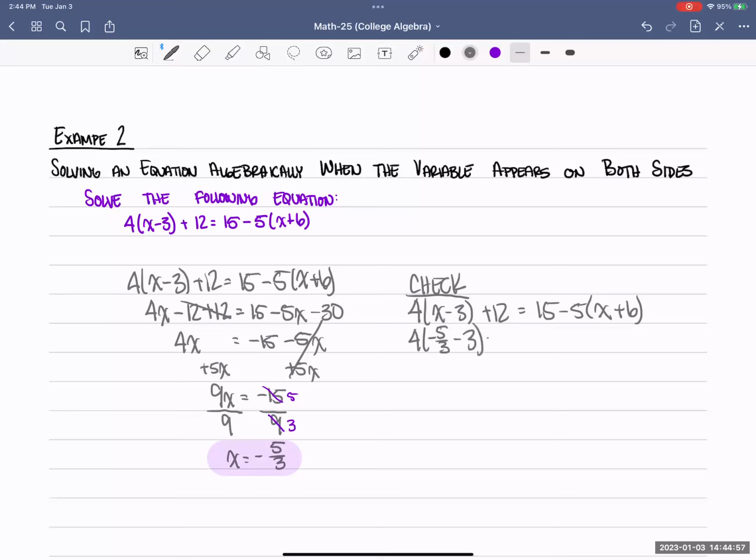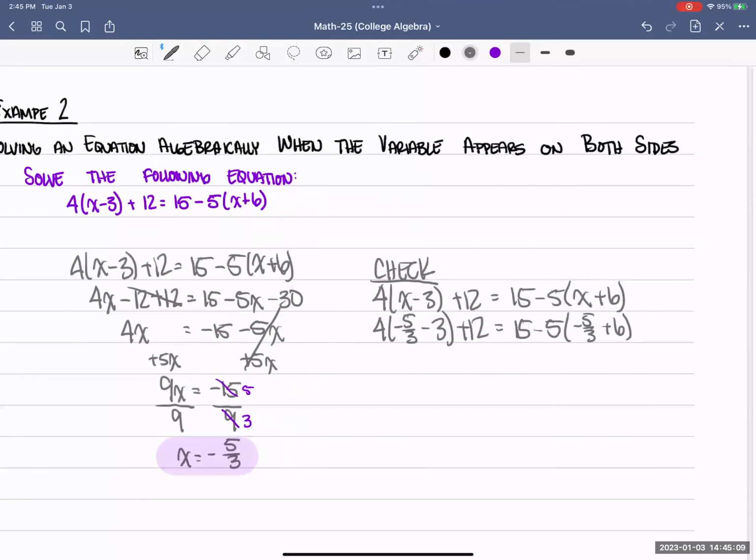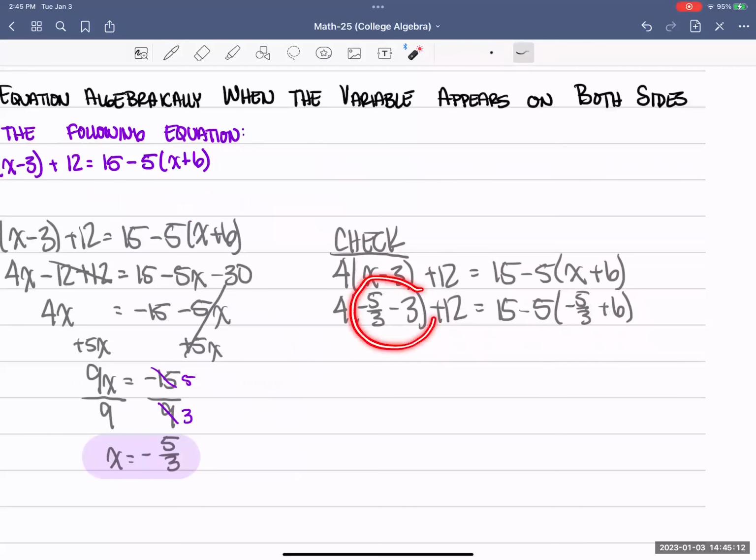So 4 times (negative 5 over 3 minus 3) plus 12, and 15 minus 5 times (negative 5 over 3 plus 6). A little recap: when we're adding fractions and whole numbers, or when we're adding fractions together, we want to rationalize them. So we could put this over 1. That way we could get a denominator of 3 on that second fraction.